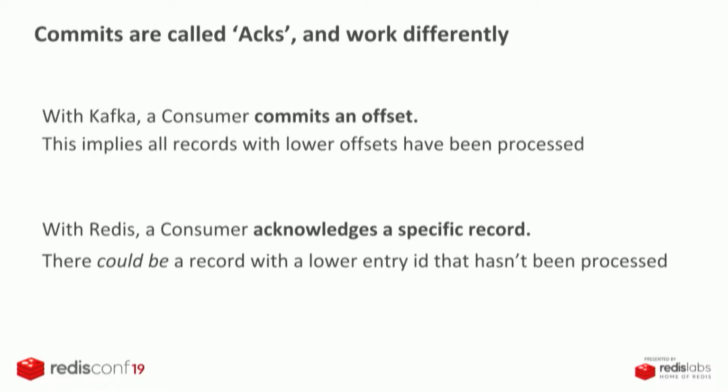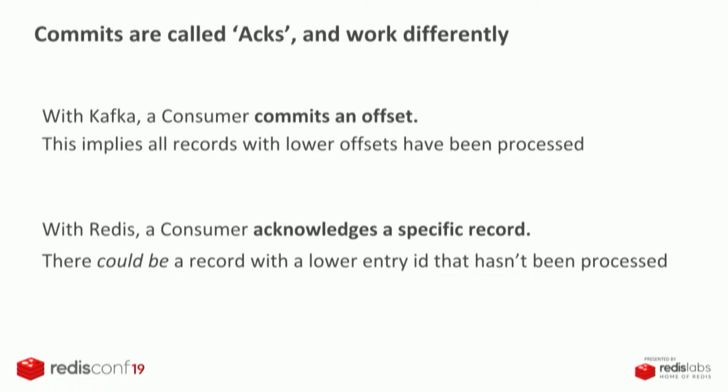So another thing is, how do commits happen, right? Notice that in Kafka, when the consumer says, I have processed records up to this offset, it is implicitly saying that all records with a lower offset have already been processed. So in Kafka, a consumer is only giving one number and saying, I have processed records up to this point, right?